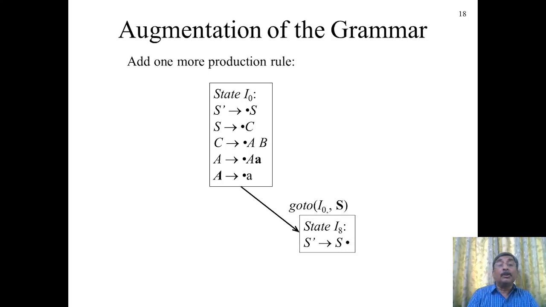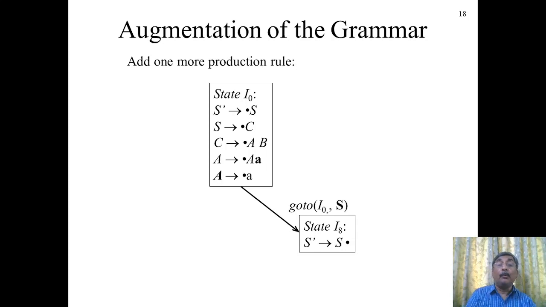You can see that the original grammar was like this and the start symbol was capital S. You must know that there is only one start symbol in a context free grammar. A context free grammar, for that matter any grammar, cannot have two start symbols. So I introduce a new start symbol, S dash, and a new production, S dash produces S, and therefore my I0 contains a new item, S dash produces dot S. So you see, it does not disturb the remaining part of the DFA.